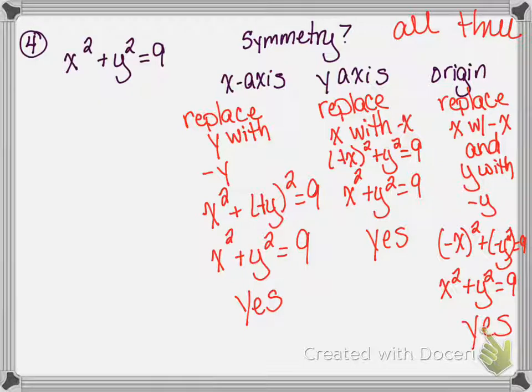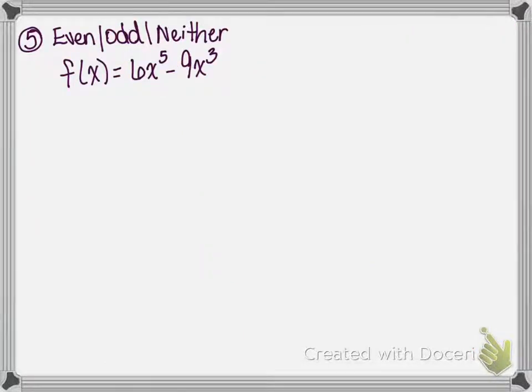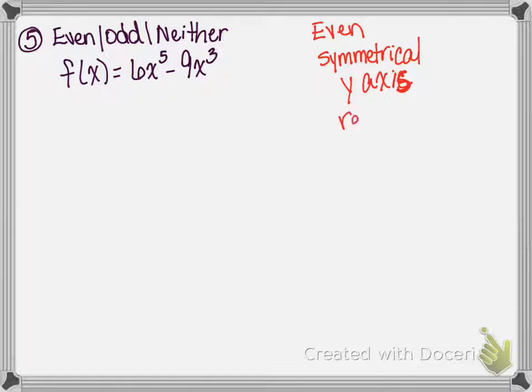Now we are looking at whether or not this function is an even function, an odd function, or neither. So an even function means it's symmetrical to the y-axis. And we test that by testing symmetry to the y-axis, which is we replace x with negative x.